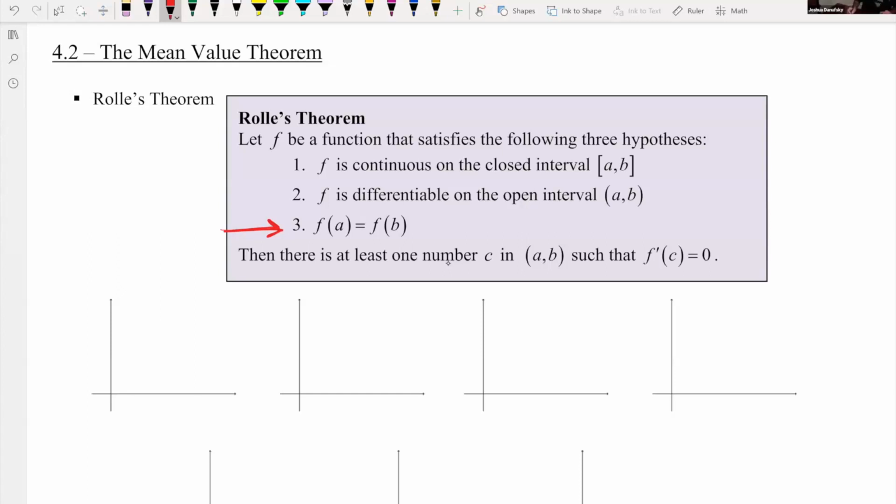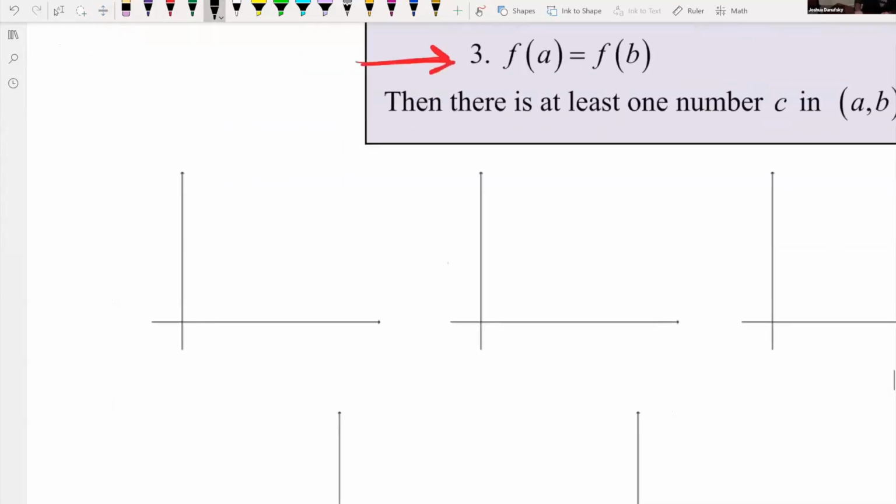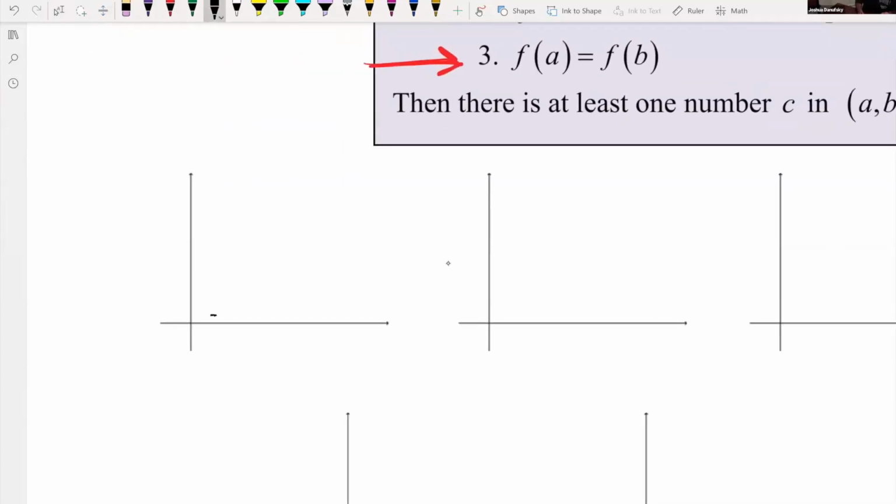So let's take a look at one example of what this might look like. We've got a closed interval like this, and we have a point here, a point there, and a continuous function maybe like that.